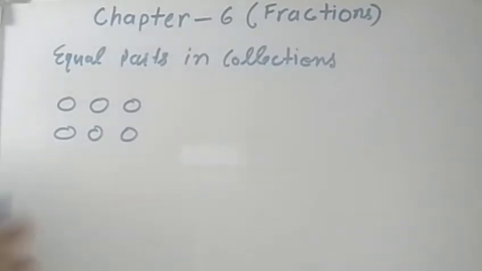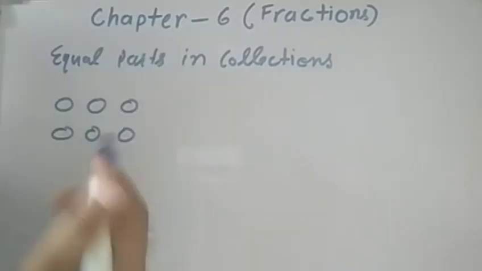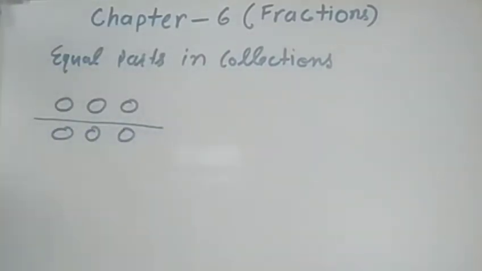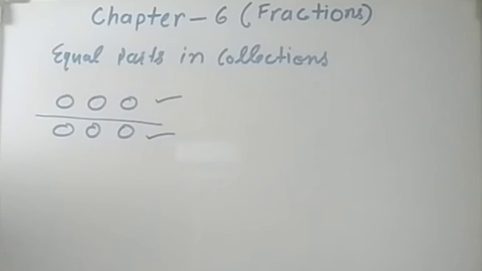We have to divide it in such a way that, so I divide it from here. In the upper part there are 3 balls, in the lower part there are 3 balls. So I divided this collection into 2 equal parts.